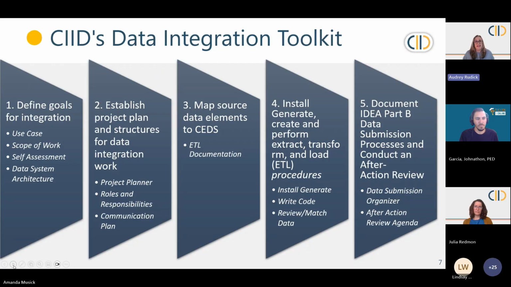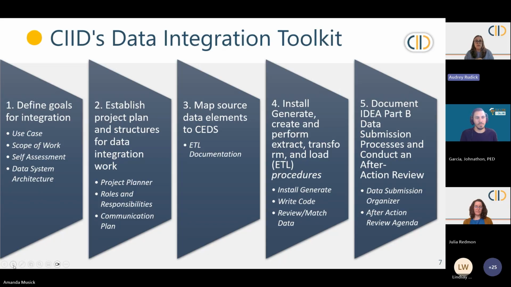And our toolkit's broken into 5 steps. So step 1 is really defining the goals for integration. And this is a step that builds agency level support by developing a use case, which can be used as a pitch document, right? As you're working with people throughout your agency, you can create your elevator pitch through it, if you will.